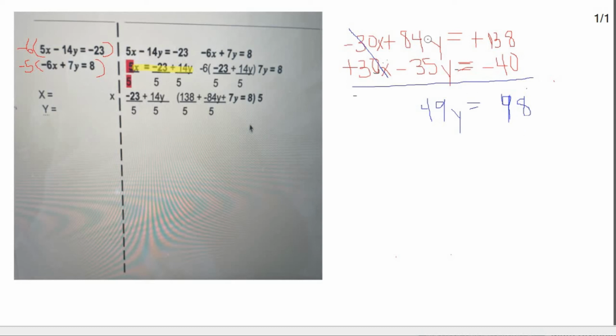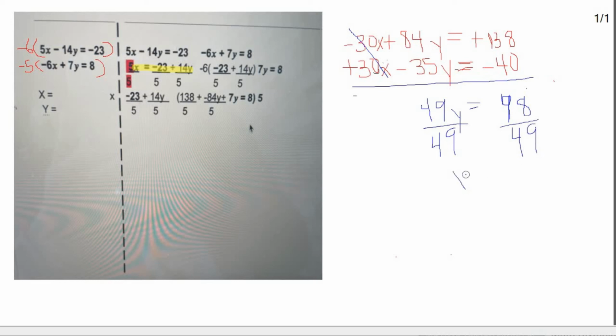Let me double check and make sure I have the right information here. Okay, so now we want to divide our 49 because we need to isolate our y, so we need to get rid of the 49. So divide by 49 on both sides.